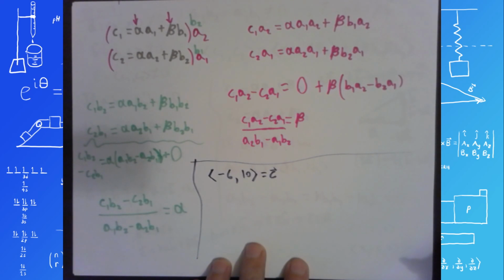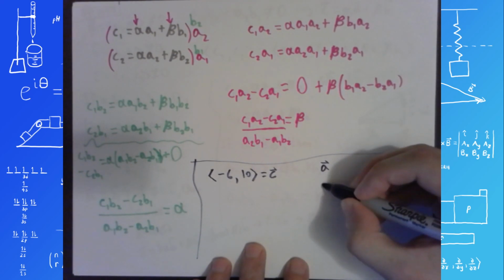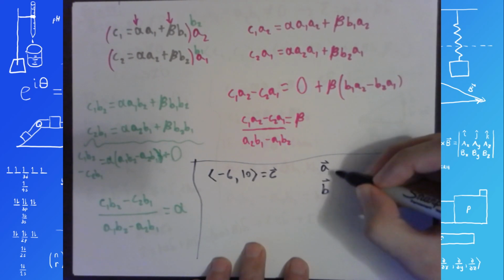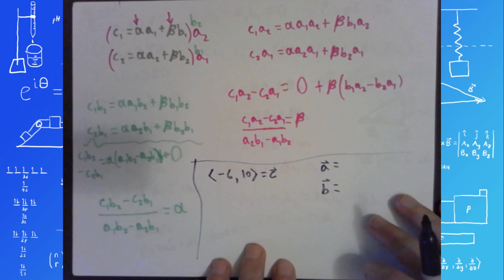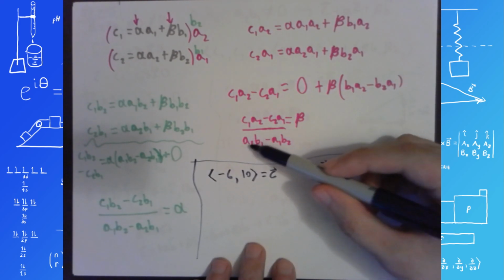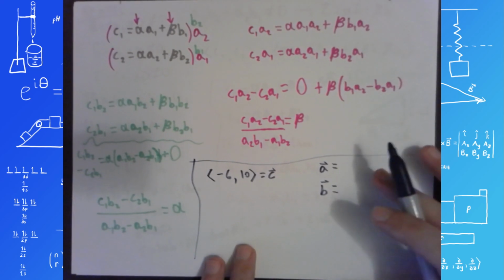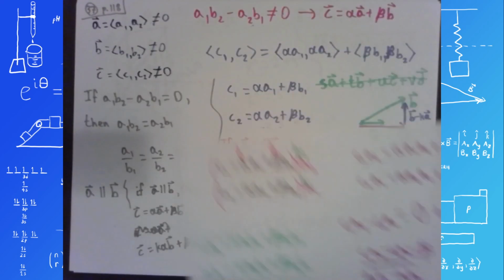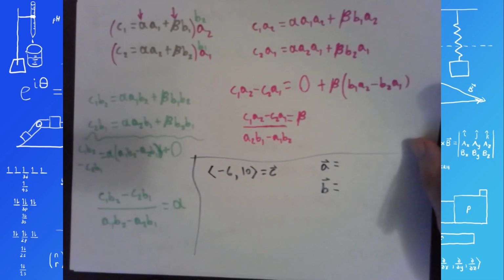Let's say I want to make this vector out of the given vectors a and b. The only condition for a and b is that they can't be parallel to each other. a2b1 minus a1b2 cannot be 0, which, as I showed last time, means that they can't be just a constant multiple of each other.